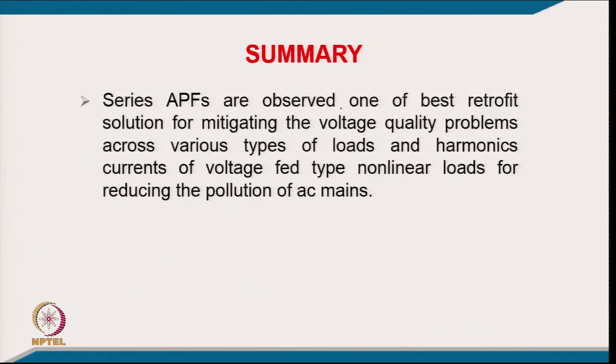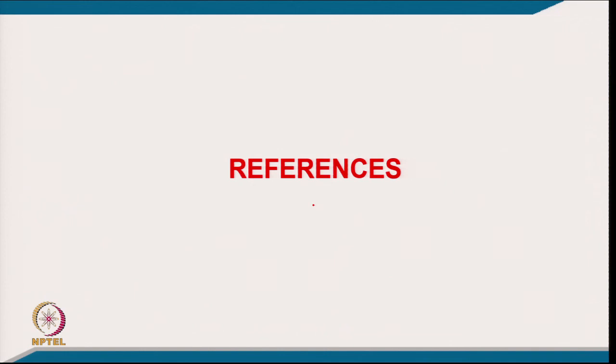And series active filters are also observed to be one of the best retrofit solutions for mitigating voltage power quality problems across various types of load and harmonic currents of voltage-fed kind of non-linear load, for reducing the pollution of AC mains current.